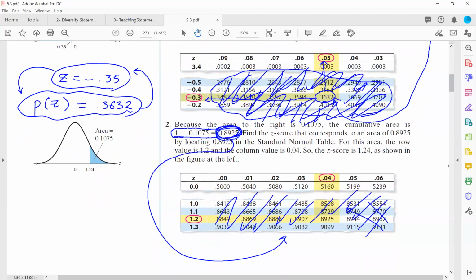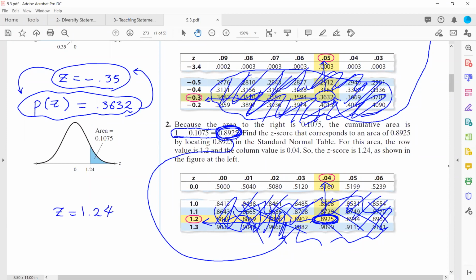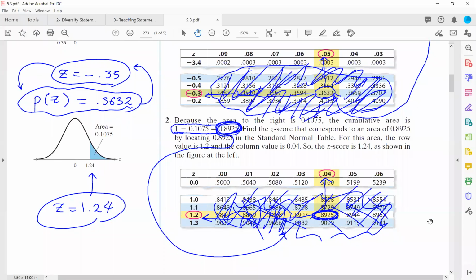We have to find that number inside the table, not on the first column or first row. Inside these numbers, 0.8925, which is this area here. Now that we have the area, the corresponding z-value is 1.24. Z is 1.24. Very well.